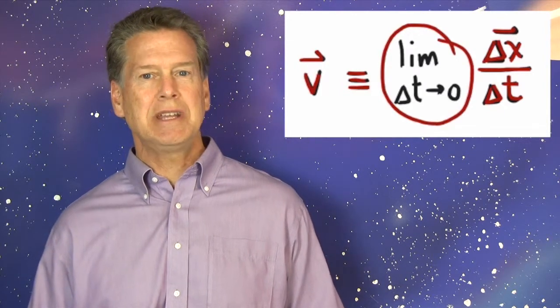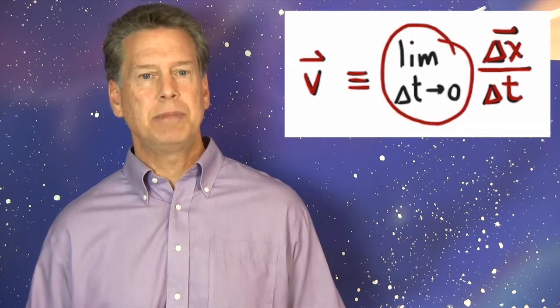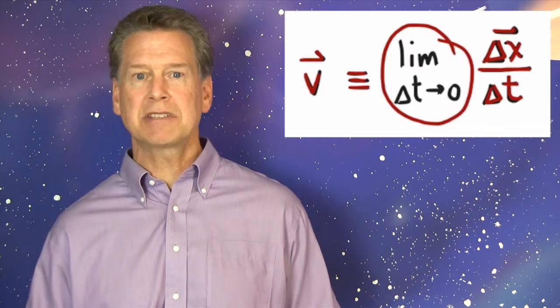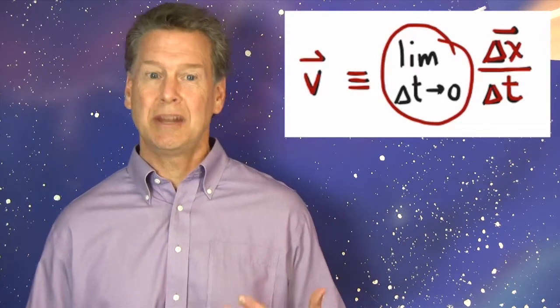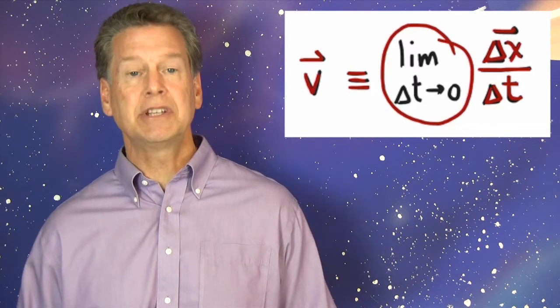For a physicist, it means let the time of displacement measurement, delta t, be very, very small. But for a mathematician, it means something more esoteric and more rigorous. This is something that lies at the heart of differential calculus. For our purposes here in Radical Physics, it will be enough if we understand the concept of instantaneous velocity. It is a measurement of average velocity over a very short period of time.